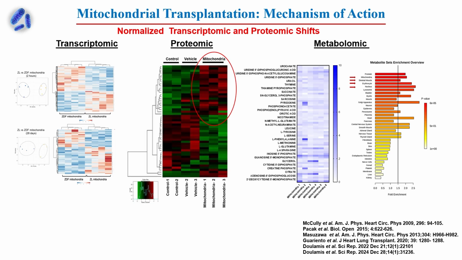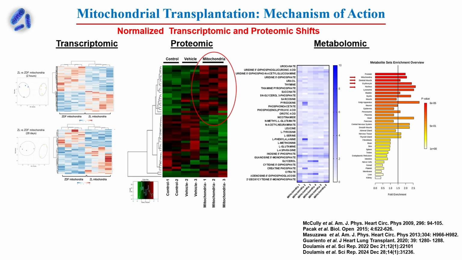One of the ways this works is it changes around the transcriptomic and proteomic mechanisms in the heart and in other organs. We end up with the mitochondria being upregulated, compared to the vehicle. This is at 2 hours and 28 days.